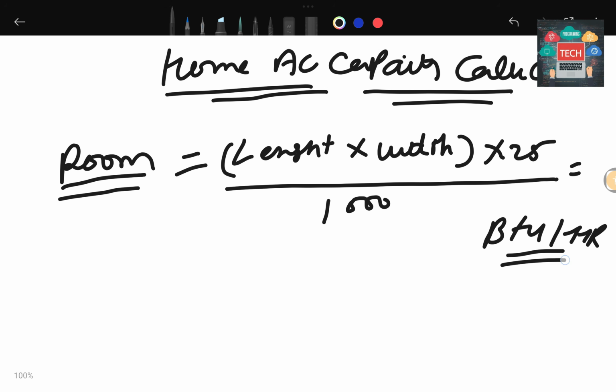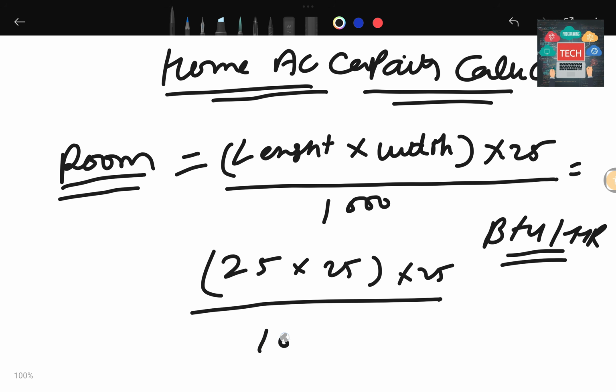You will get the BTU that is being produced by one room, and that BTU we will divide by 12,000. For example, if your room is 25 by 25, I'm taking an example like this, you multiply 25 by 25, which is 625, and then again multiply it by 25.